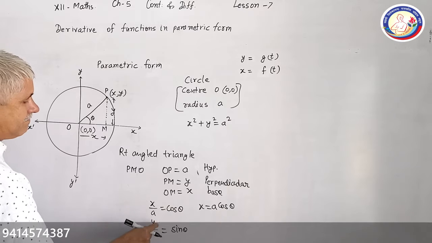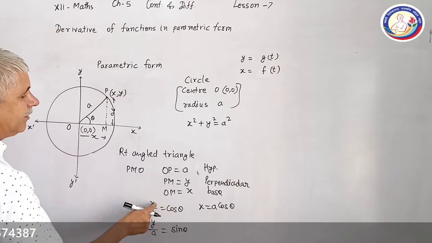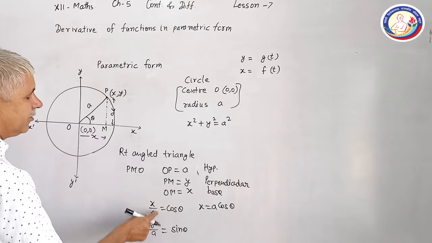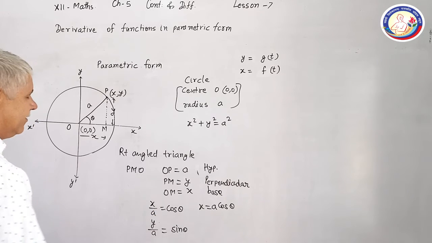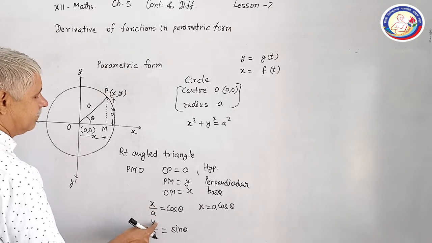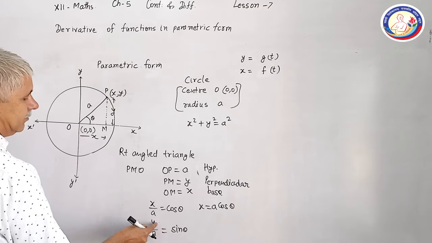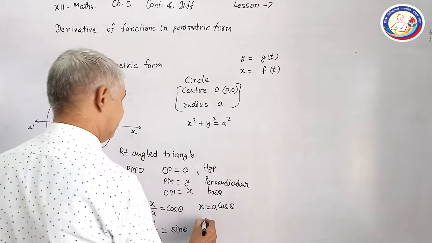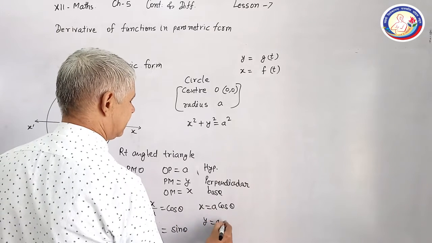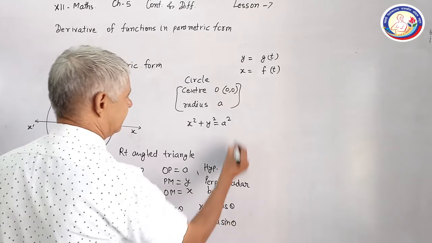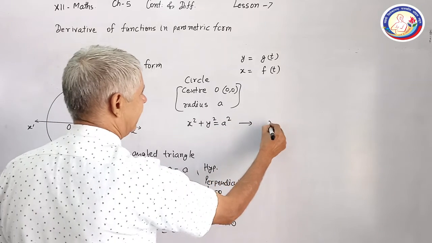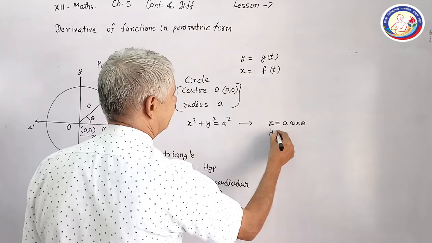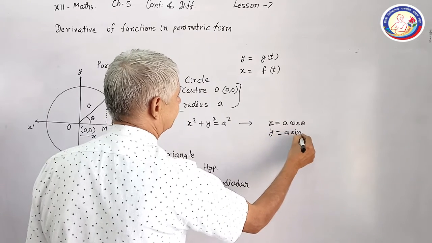Base upon hypotenuse is cos theta, and perpendicular upon hypotenuse is sine theta. So y equal to a sine theta. So x equal to a cos theta and y equal to a sine theta.